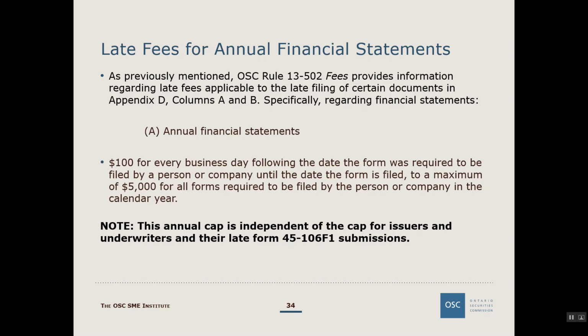The OSC fee rule provides information regarding late fees applicable to the late filing of certain documents in Appendix D, columns A and B, specifically for annual financials at item A. Fees are $100 for every business day following the date the form was required to be filed by a person or company until the date the form is filed, to a maximum of $5,000 for all forms required to be filed by the person or company in the calendar year. Note this annual cap is independent of the cap for issuers and underwriters and their late 45-106F1 submissions.